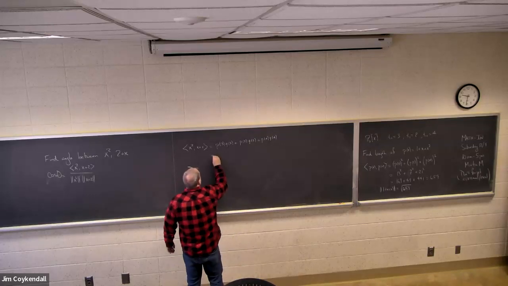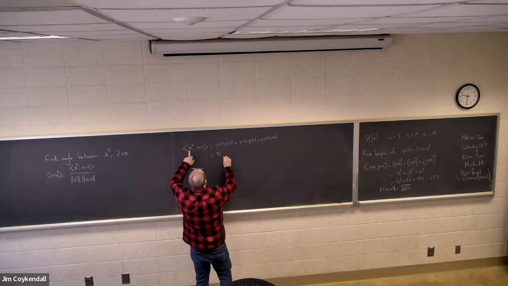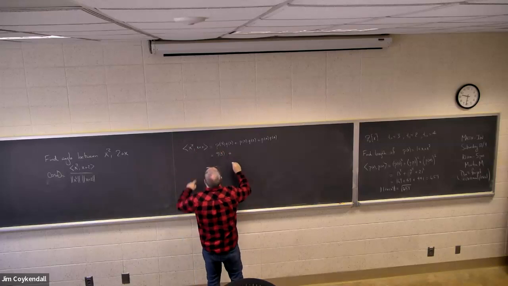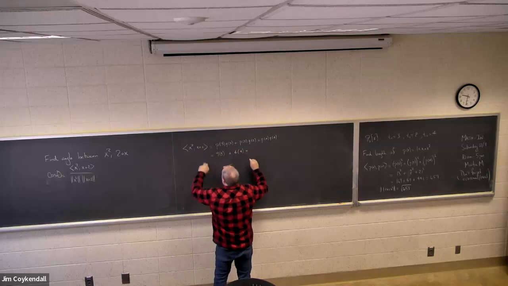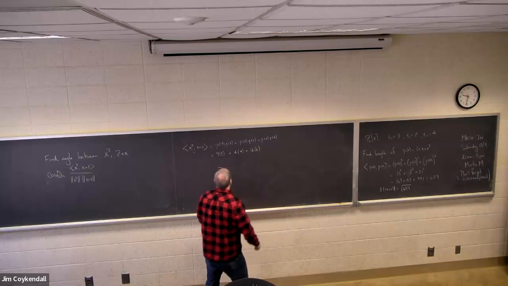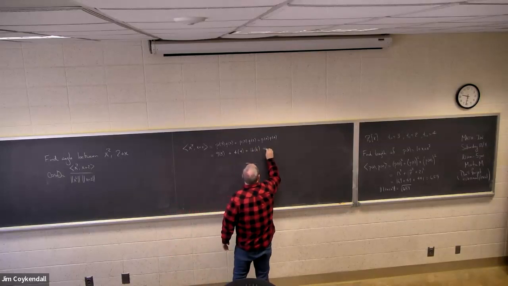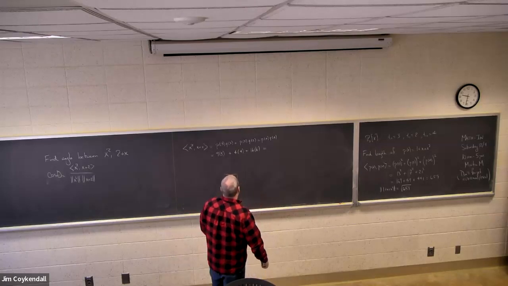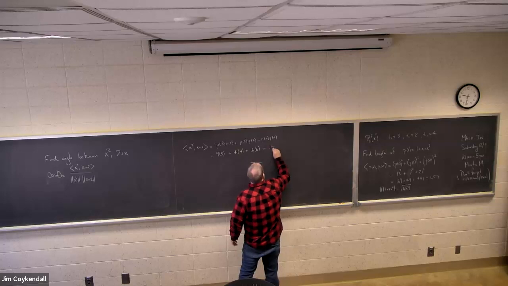So this is going to be 9 times 5 plus 4 times 4 plus 16 times 6. So this turns out to be 96 and 16 is 112 and 45 is 157.